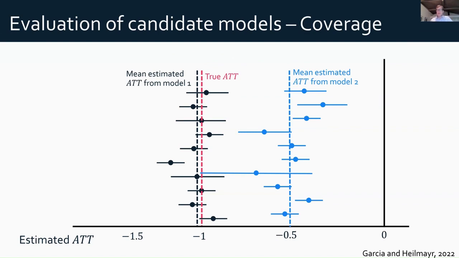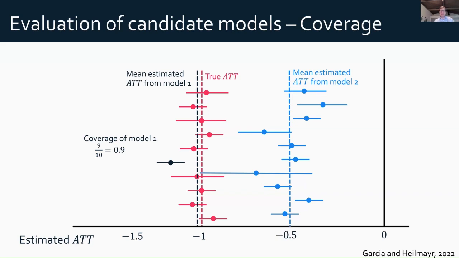The other thing we can calculate is something called coverage. Here we're going to look at whether the 95% confidence interval for each of those estimates actually covers the true value. So in that first model result, yes, the confidence interval overlaps the true ATT. Great. Across runs, we find that it's covering the true value 9 out of 10 times, so we would say that has 90% coverage. If it's a 95% confidence interval, we actually want that coverage to be 95%, right?